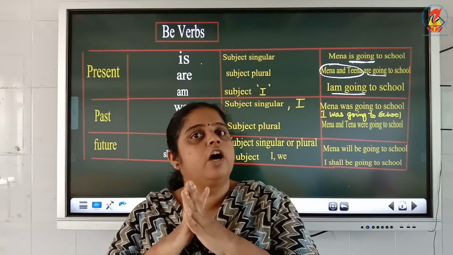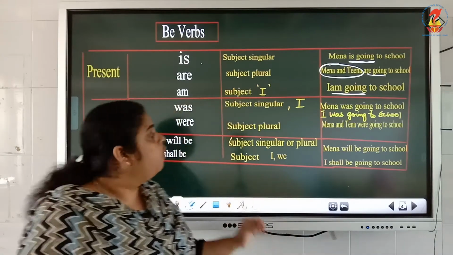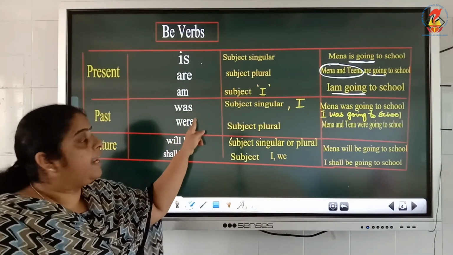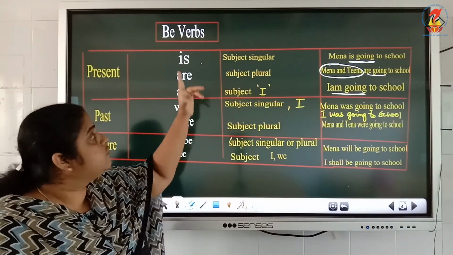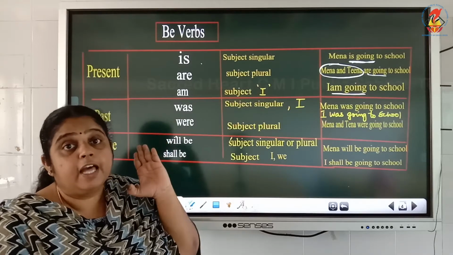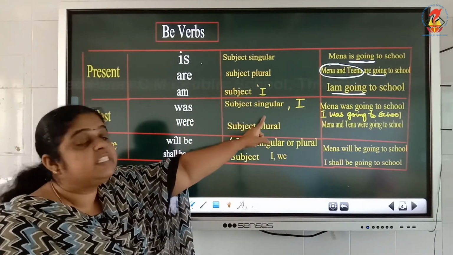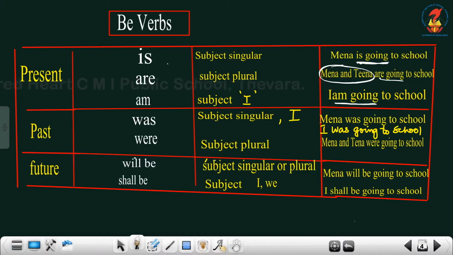Is it clear to all of you? I hope it's clear. Now, we have was and were. The second set of be verbs are was and were. We use was and were in the past tense. Was is used when the subject is singular and also with I. Here we consider I as singular itself.